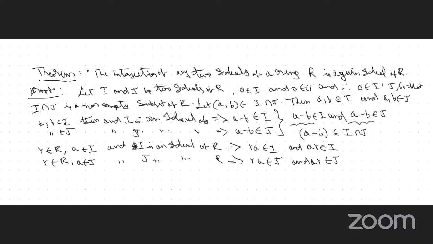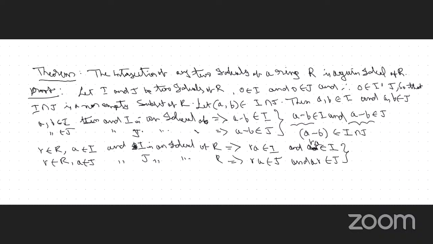So from these two, what we conclude is that ar belongs to I and ra belongs to I, left ideal and right ideal.